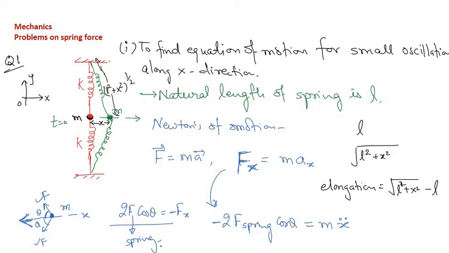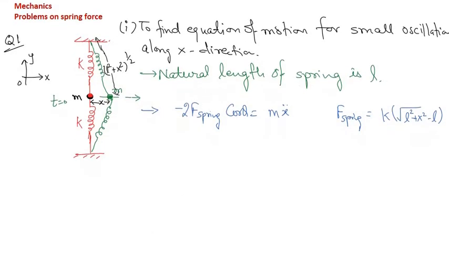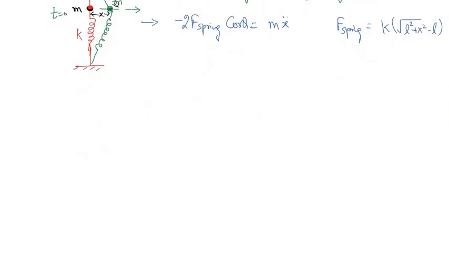Now we have to substitute it for a small oscillation. Cos theta is a nonlinear function, and we have to substitute this equation for a small oscillation. From the graph you can find that cos theta is equal to x by the square root of L square plus x square. So the equation of motion becomes m x double dot is equal to minus 2 times the spring force, which is k times the net elongation, the square root of L square plus x square minus L, into cos theta, that is x by the square root of L square plus x square.